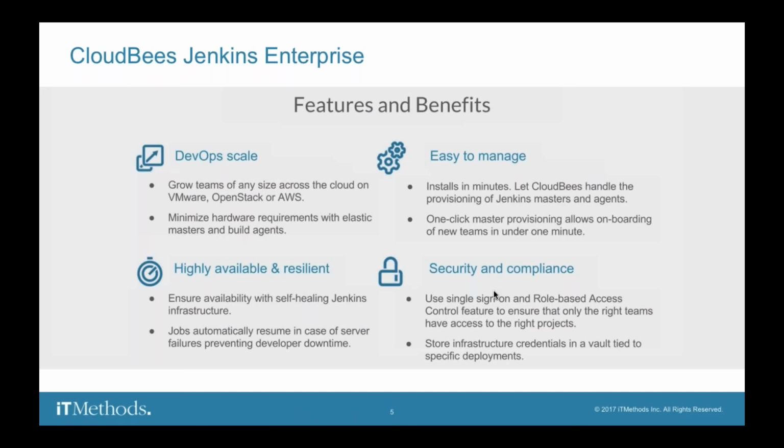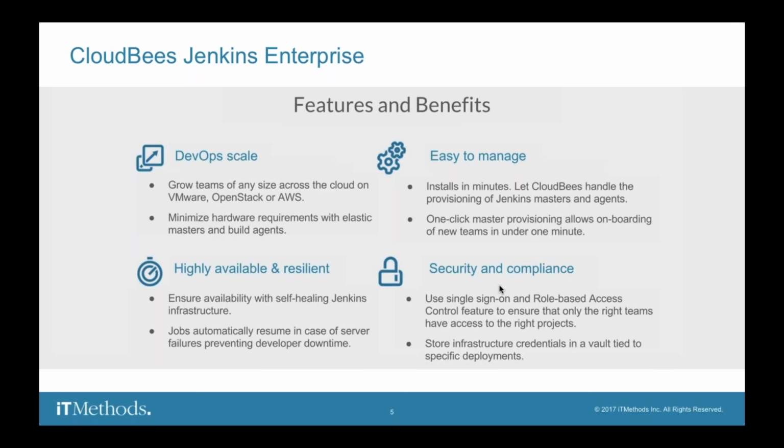CloudBees responded to what customers were telling us by creating CloudBees Jenkins Enterprise. CloudBees Jenkins Enterprise starts with the open source Jenkins that we all know and love and builds upon the most popular orchestration tool in use today by making it more scalable, more highly available and resilient, easier to manage, and more secure and compliant. So what does that mean?